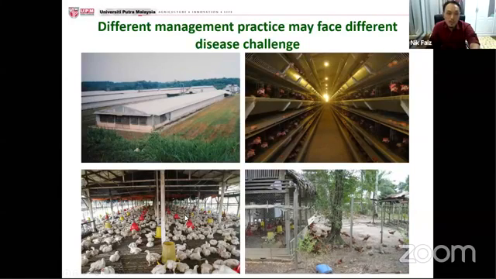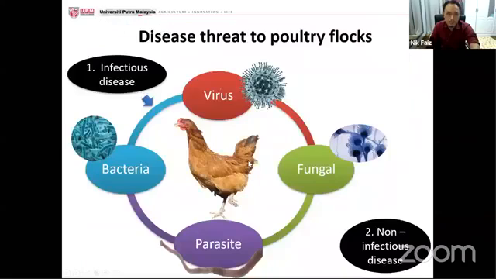In Malaysia, we also have open house systems, mainly for layers, and we also have small farmers. We call them backyard farmers, rearing village chickens. All of them have different issues with different management and different disease challenges.